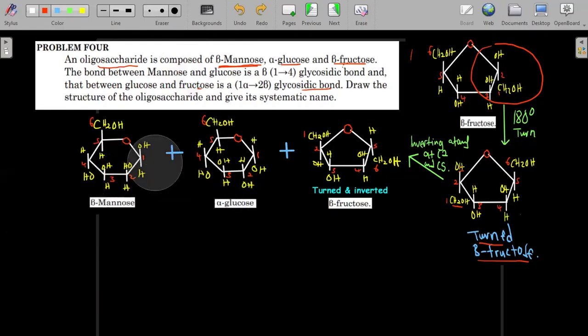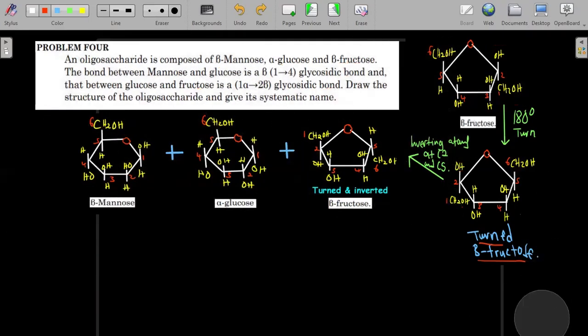Once you do that, you can write your oligosaccharide. What is going to happen in this oligosaccharide is that this OH here is going to react with an H from the alpha glucose, and that will release a water molecule.